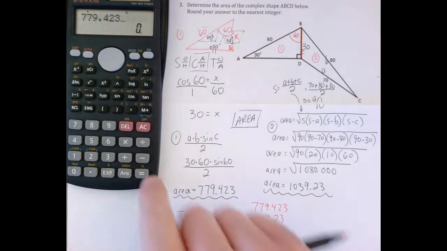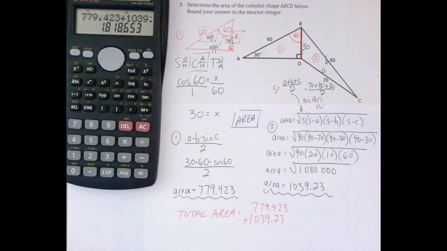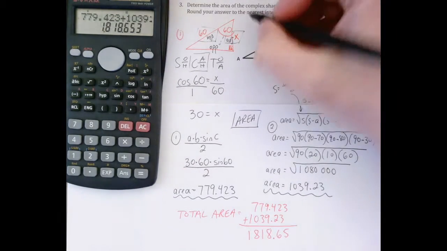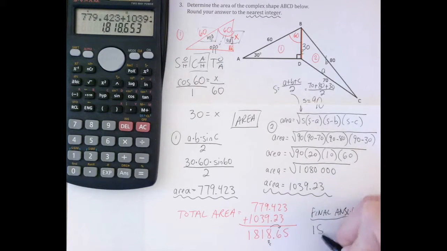That gives me a grand total area of 1,818.65, and they wanted this rounded to the nearest integer. So the integer is before the decimal place, I look one space to the right, that's 5 or above, that means this has to round up to a 9. So my final answer here is going to be 1,819 square units.